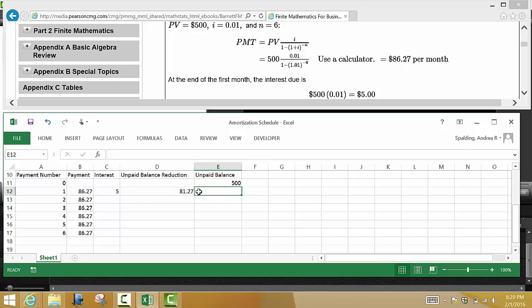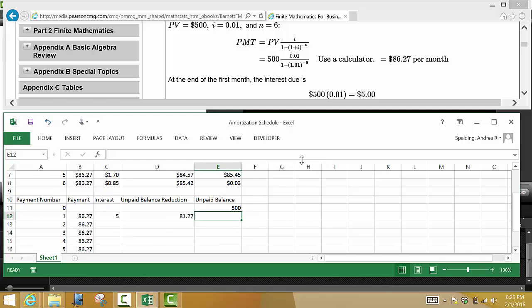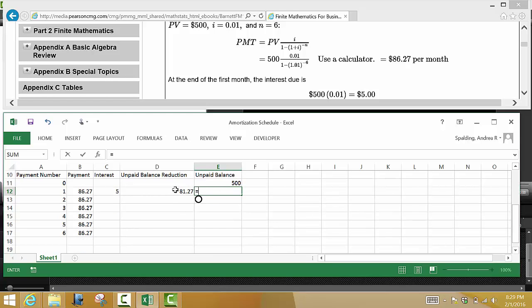And then the unpaid balance, we're going to put equals. We're going to take the balance that was there before, and we're going to subtract off the balance reduction. So this is what's left over in the account.